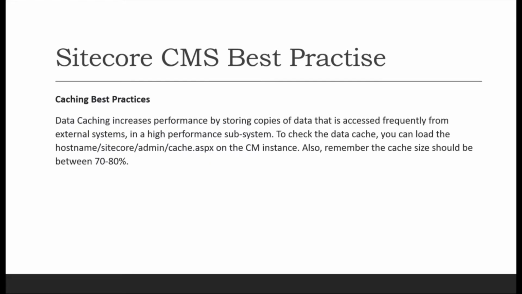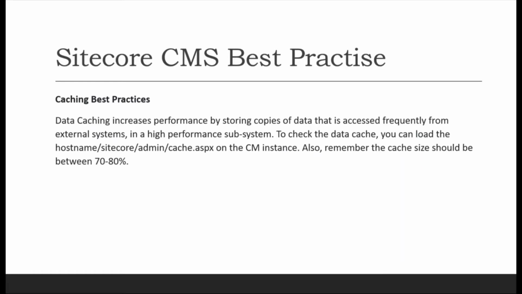Caching is one of the important best practices. If your content is a static component, then you can enable caching. Data caching increases performance by storing a copy of data from frequently accessed external systems. If you enable caching, the performance of the website will increase, as it avoids unnecessarily hitting the CMS server data.